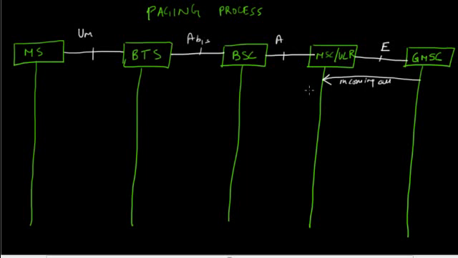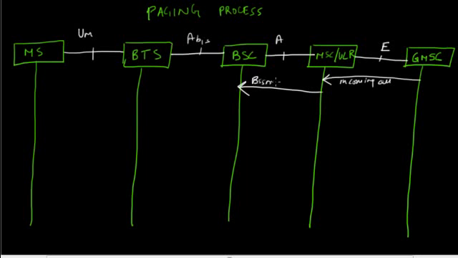Basically, the MSC VLR now looks at the LAI, the location area identity of the mobile, and sends a BSS MAP, base station subsystem mobile application part, paging message to all the BSSs which are part of the location area identity.